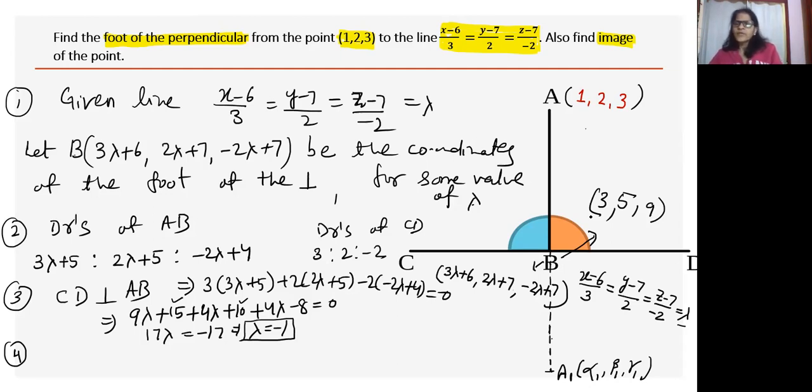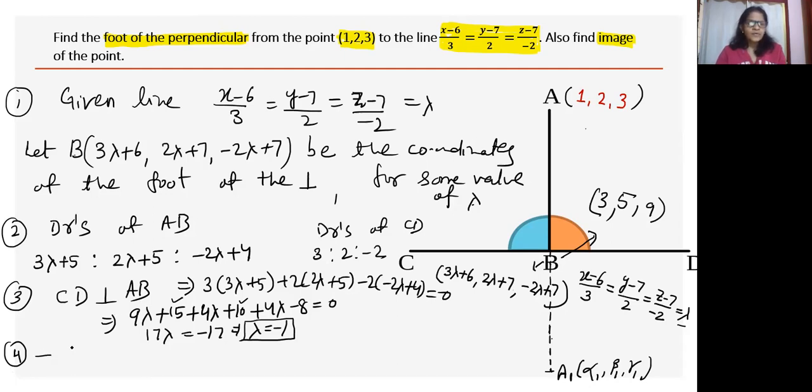And if we are asked to find the image of the point on the line, here you can take (alpha 1, beta 1, gamma 1) as the image of the point, and B, that is (3, 5, 9), is the foot of the perpendicular. Now coming to step number 5.